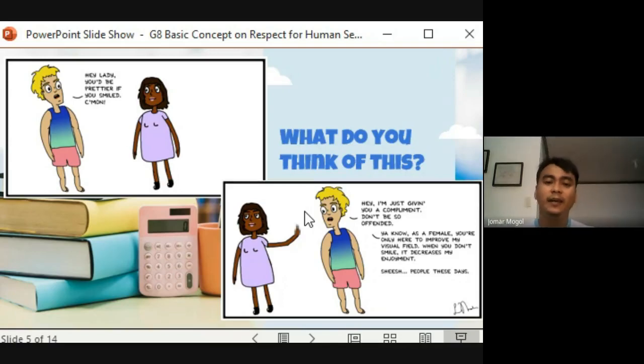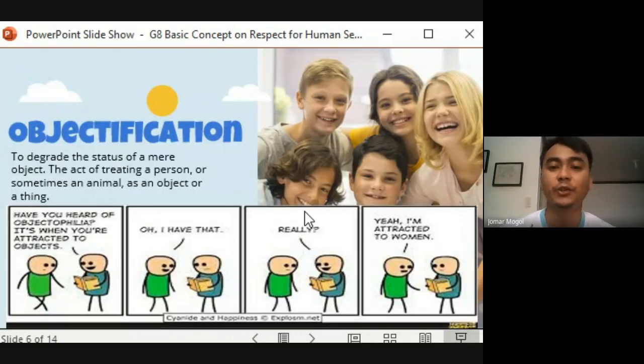Well, anyway, looking at these two pictures and reflecting and internalizing the message in these pictures, medyo ito talaga ay mali because this will relate us to what we call objectification. What do you mean by objectification?